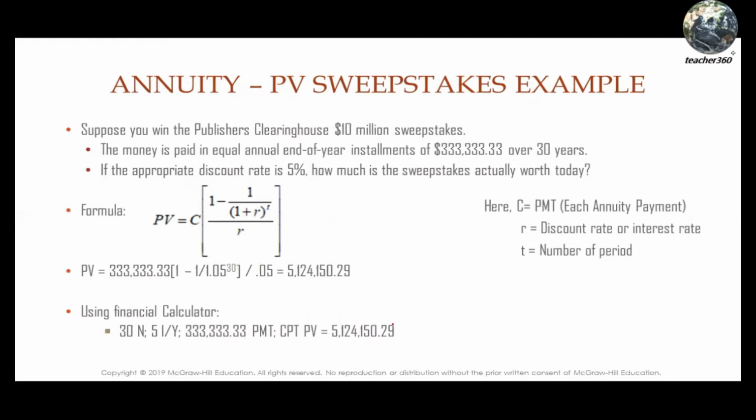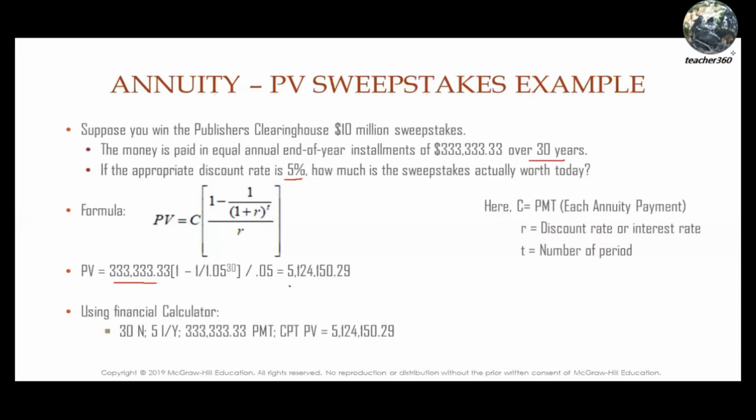Another example, suppose you win the Publishers Clearinghouse $10 million sweepstakes. The money is paid in equal end-of-year installments of $333,333.33 over 30 years. If the discount rate is 5%, how much is the sweepstakes actually worth today? Using the same formula, your annuity payment is $333,333.33, your discount rate is 5%, and your number of periods is 30 years.